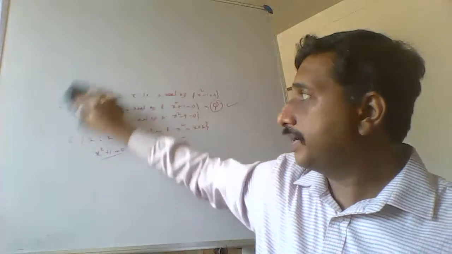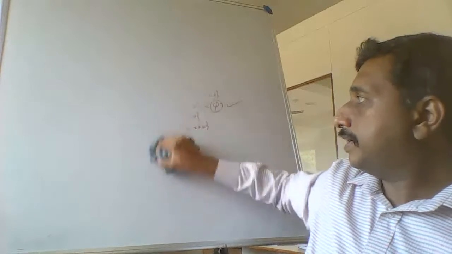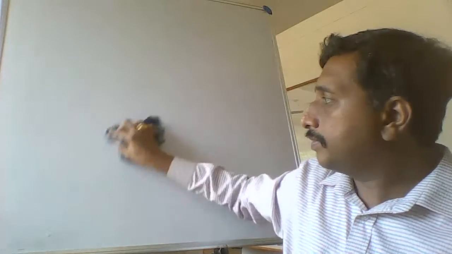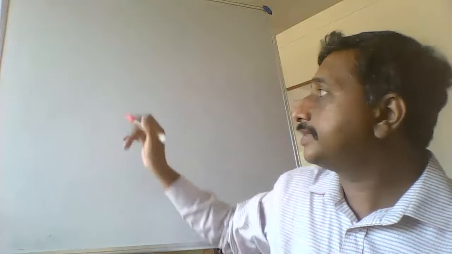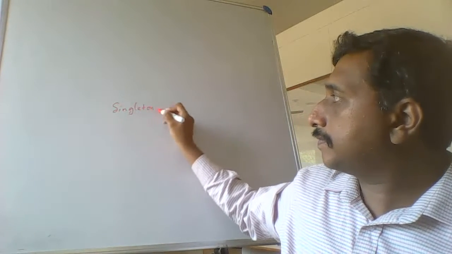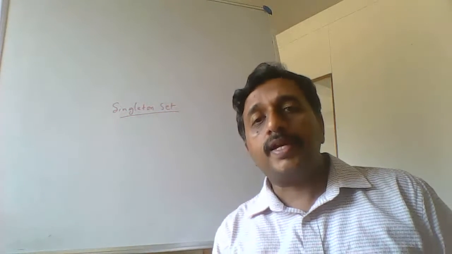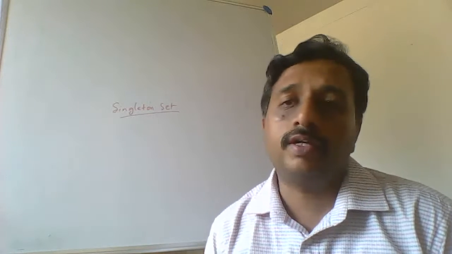So here we have looked into the representation of a roster form and a set builder form. And now we'll try to understand what a singleton set is. A set which has only one element in it is called a singleton set.